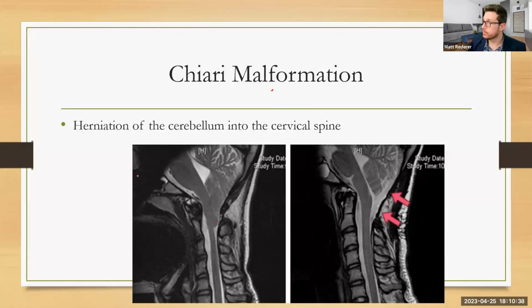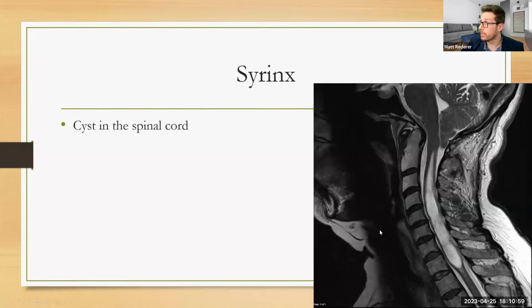So it's the #1 cause for something called a syrinx. And we're going to look at an image of a syrinx next. All right. But this is the #1 cause for a syrinx. So typically when we see this, we see something that looks very similar to this, a syrinx. And this person does have Chiari malformation.